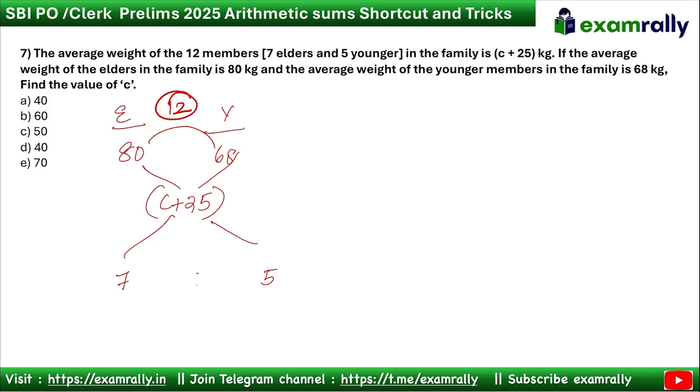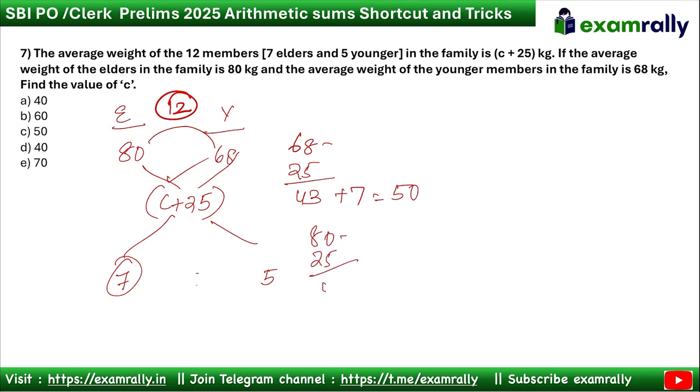Why do we have to get that? As we know the rule of allocation, the mean value should be greater than one value and less than the other value. Suppose 68 minus 25, which is 43, plus 7 you have to take to get C, that is equal to 50. Or you can take 80 minus 25, which is 55, minus 5, because 80 is the greater value, that is equal to 50.